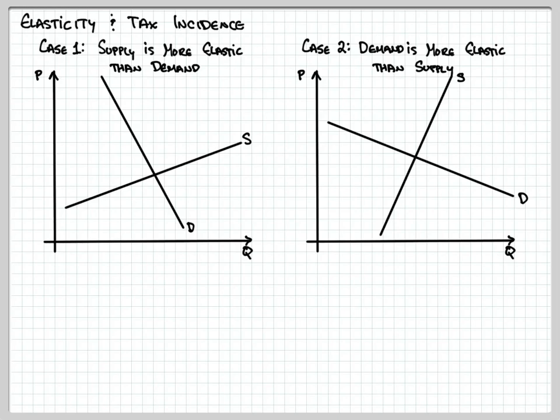So if there is a $4 per unit tax imposed on buyers, then the new demand curve will look like this.